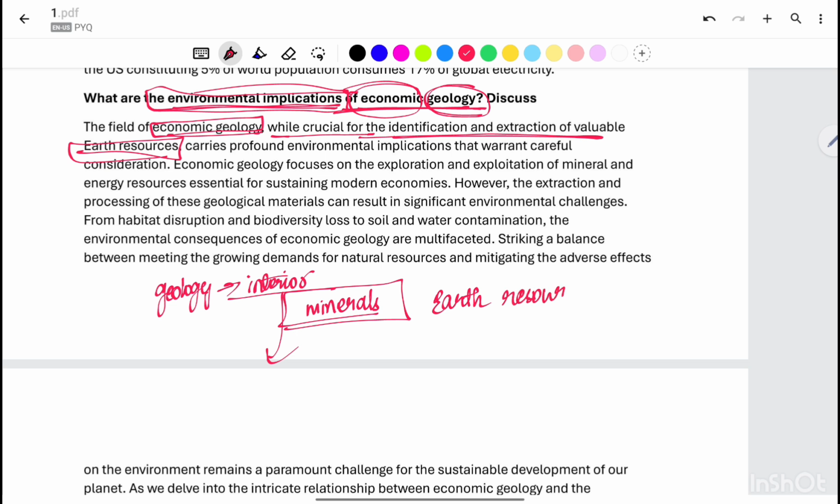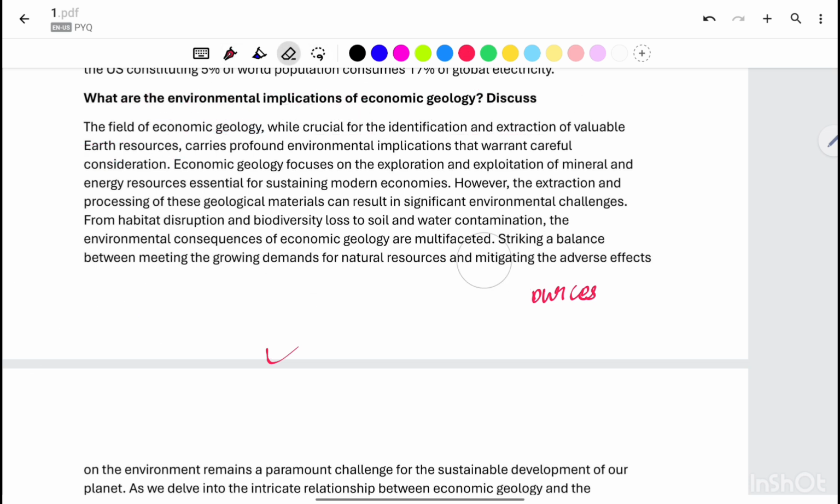Making this economical, what environmental implications do we face when we use the resources present in the interior of the earth? That is what the question is asking. What are the environmental implications?